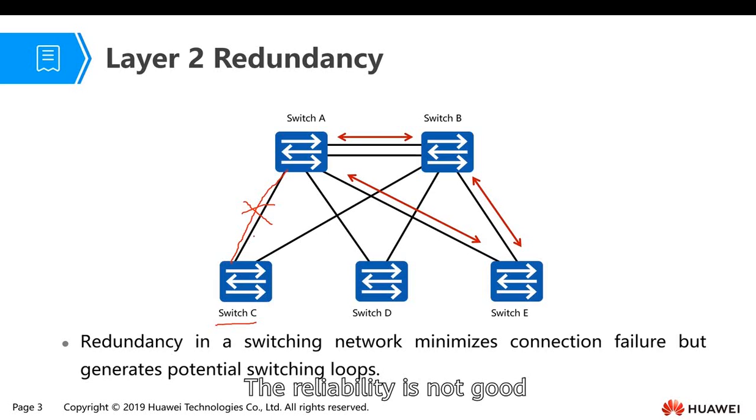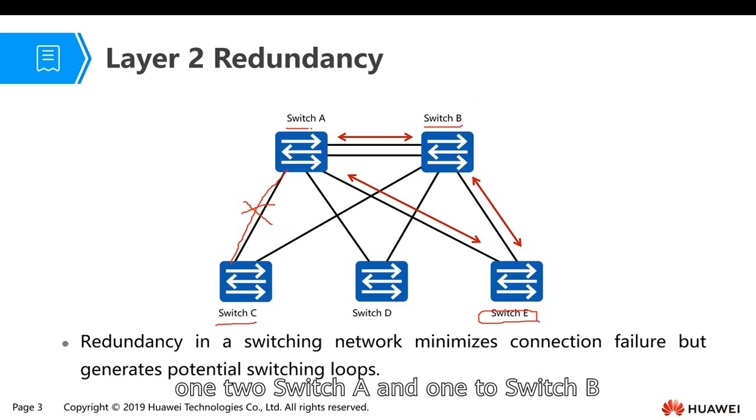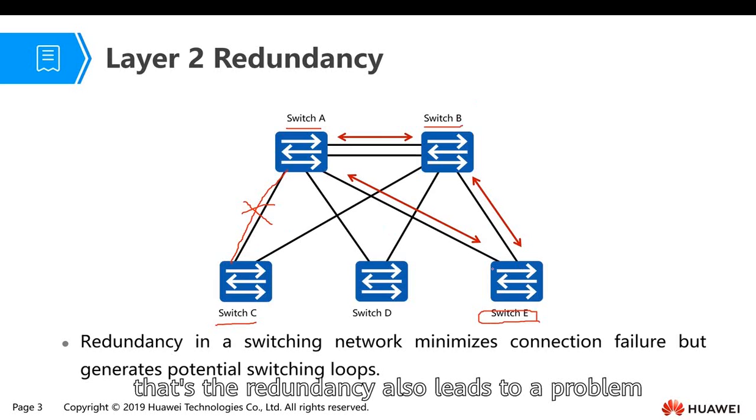The reliability is not good. So usually in a switch network, we use redundancy. For example, switch C uses two links to connect to different switches, one to switch A and one to switch B. These two links provide redundancy. But this redundancy also leads to a problem.